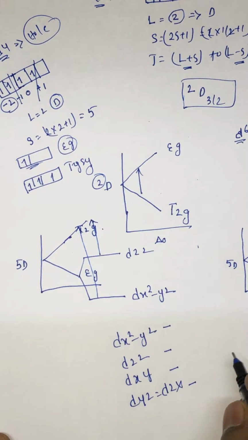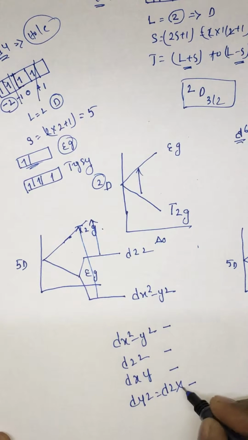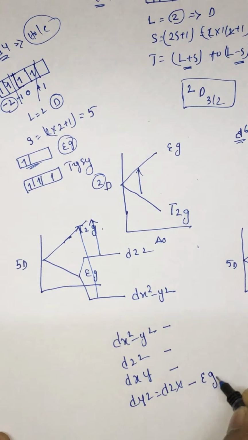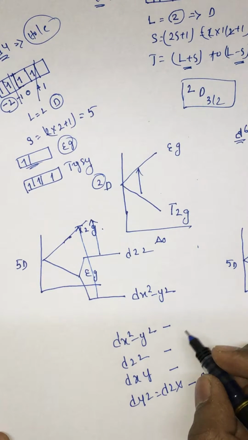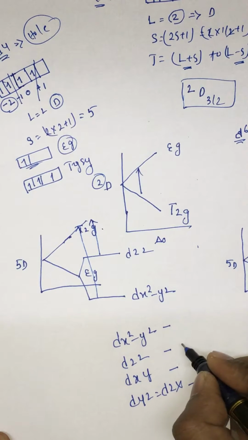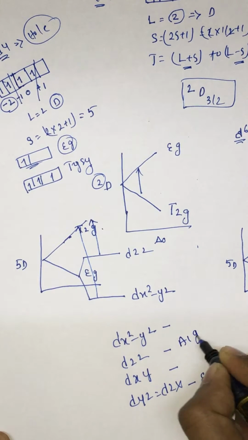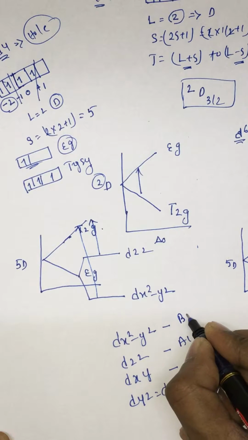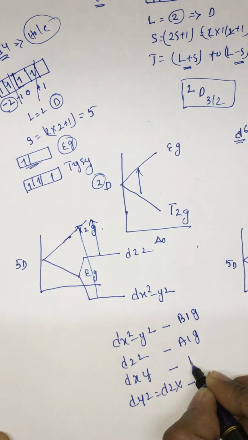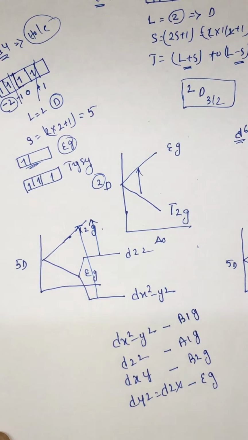The Mulliken symbol for this one will be Eg, and dz square will be A1g, this will be B1g, and this will be T2g. So these are the Mulliken symbols for these energy states.